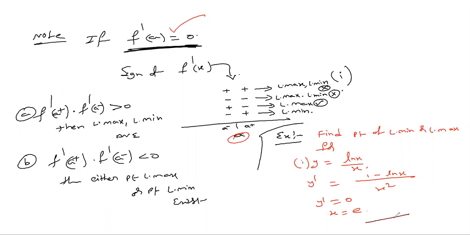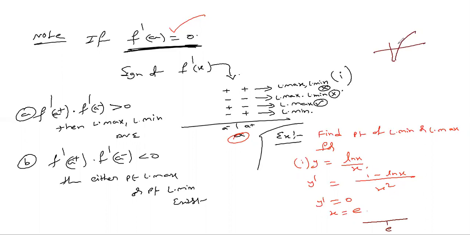Okay, let us do that now. I'm considering e on the number line. This is e. At the right of e and at the left of e, we need to identify the sign of f'. You can see the graph of the logarithmic function.